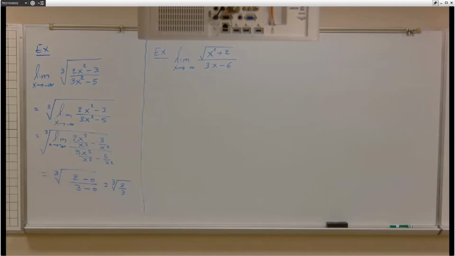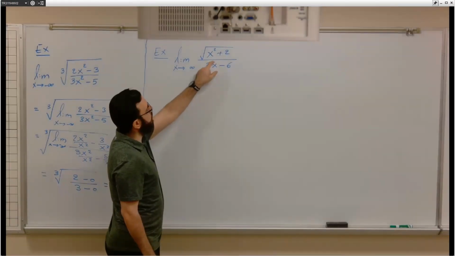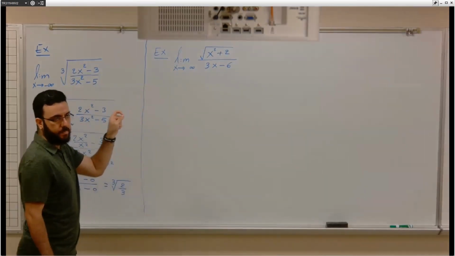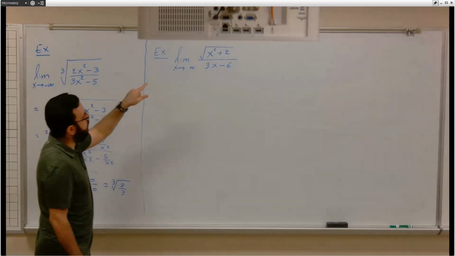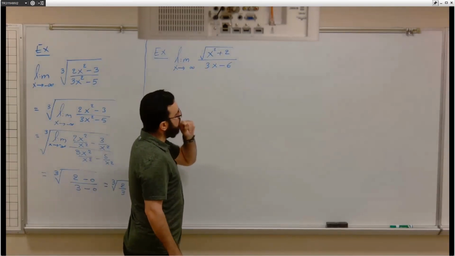Let's solve this one. Be careful now. Can I divide by the highest exponent of x on the bottom, just x? Be careful here, because if I divide x squared plus 2 by x, I can't put the x under the root, because we have a square root here.